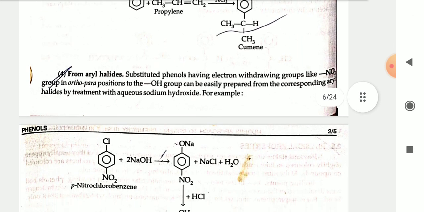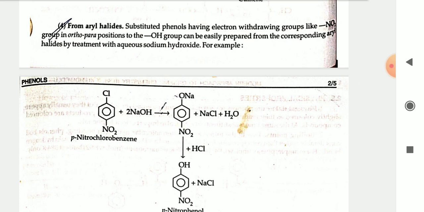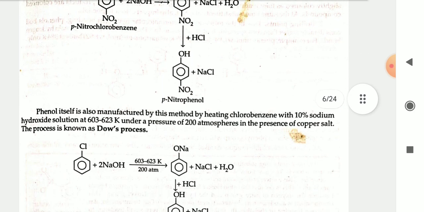For example, p-nitrochlorobenzene in the presence of 2 mole of NaOH gives the sodium salt of phenol. After that, in the presence of HCl, it will form p-nitrophenol.